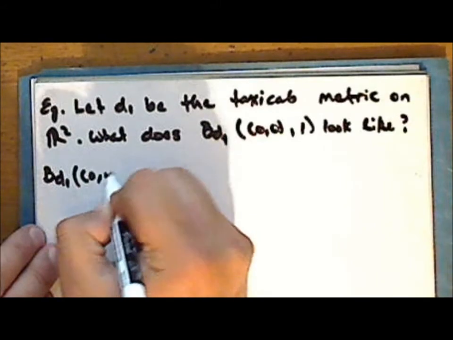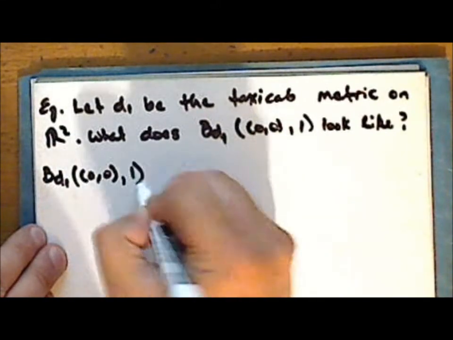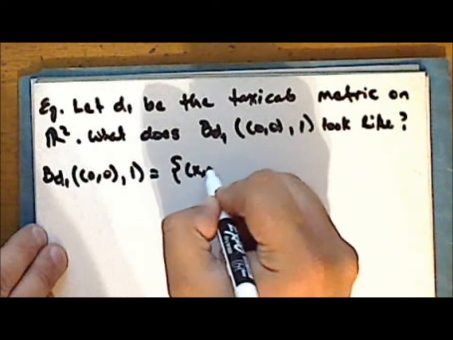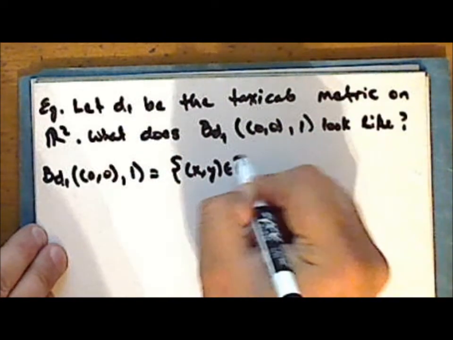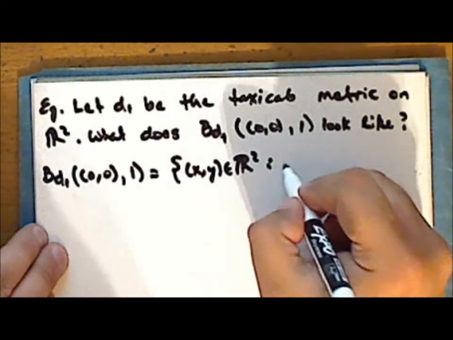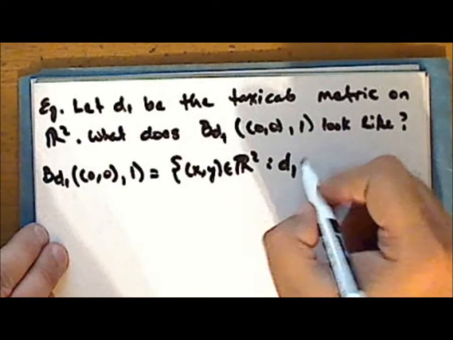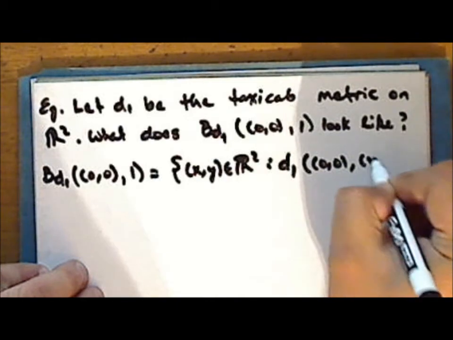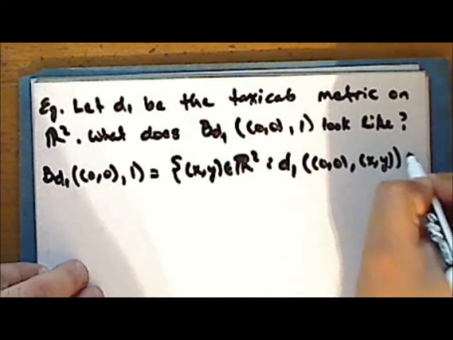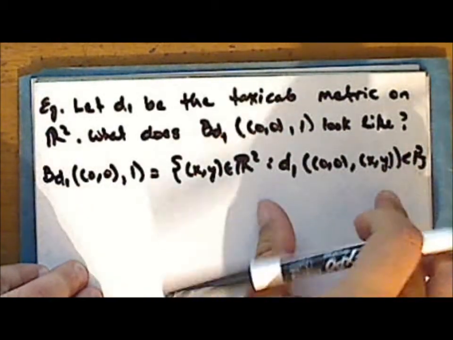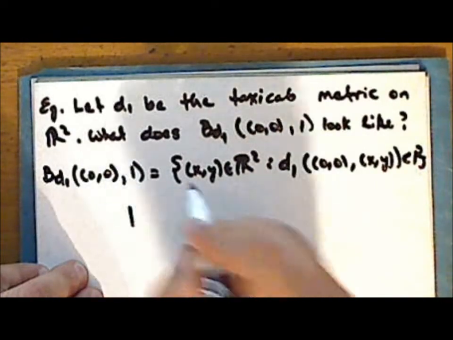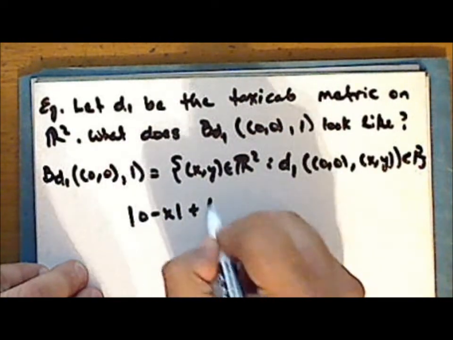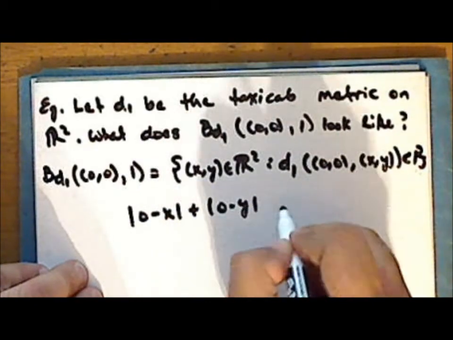The open ball centered at (0, 0) with radius 1 is the set of all ordered pairs (x, y) in the real plane such that the distance in the metric d1 between (0, 0) and (x, y) is less than 1. That is, the absolute value of 0 minus x plus the absolute value of 0 minus y is less than 1.